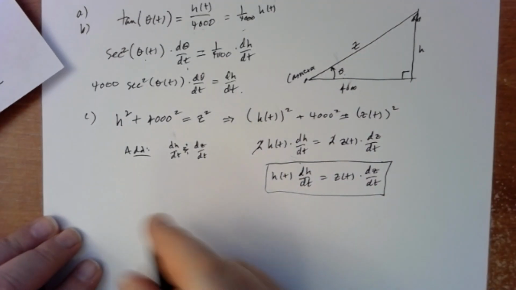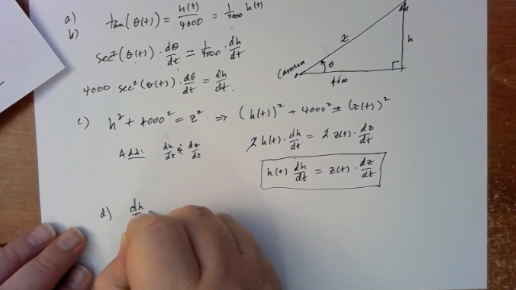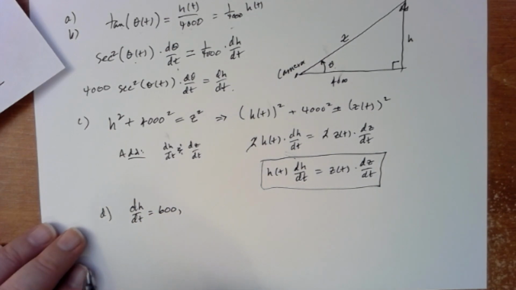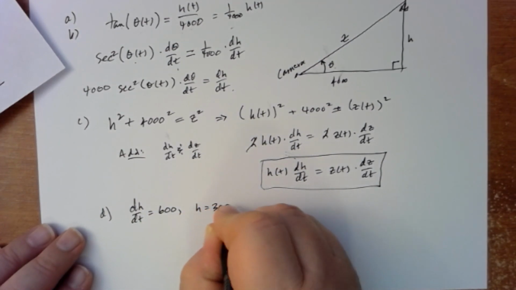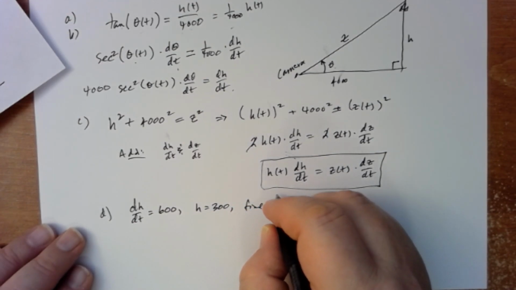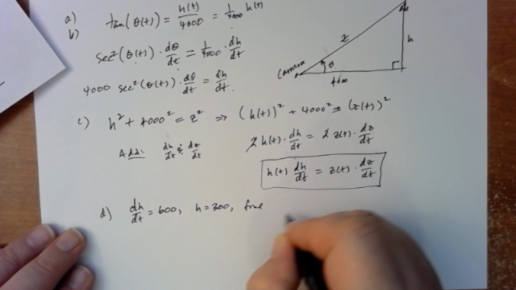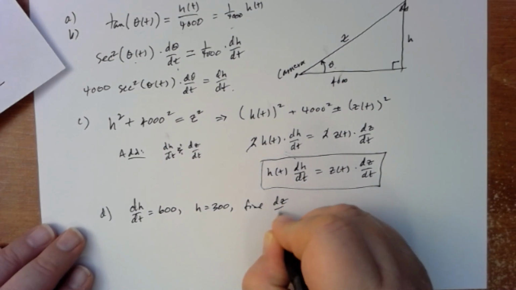So part D says that if dh over dt is equal to 600 when h is equal to 300, find the rate at which the distance between the rocket and the camera, find dz over dt.